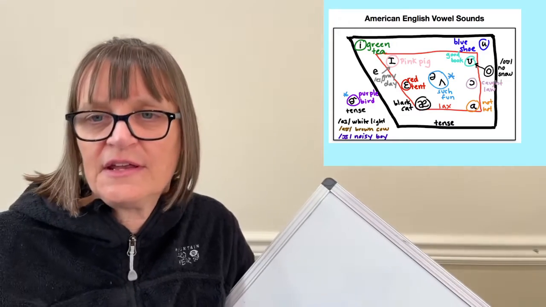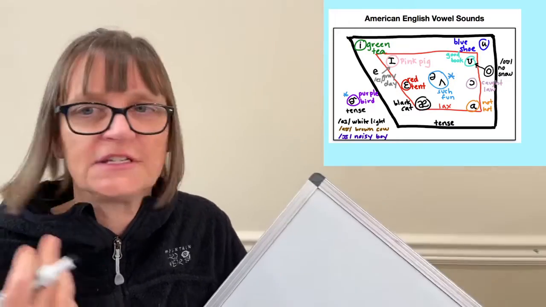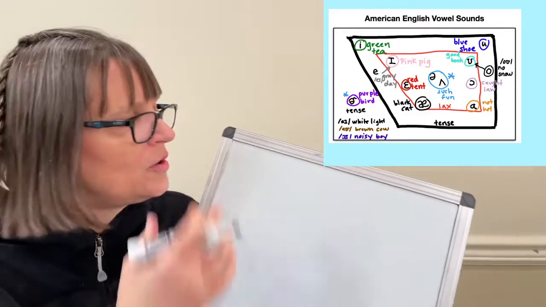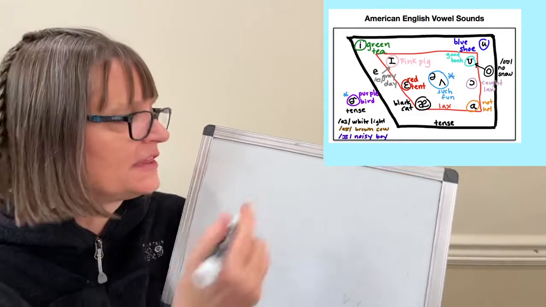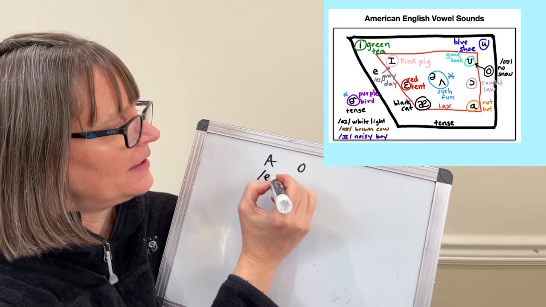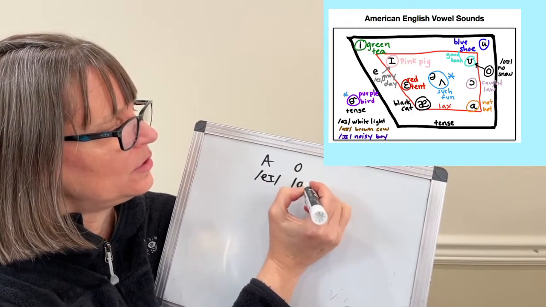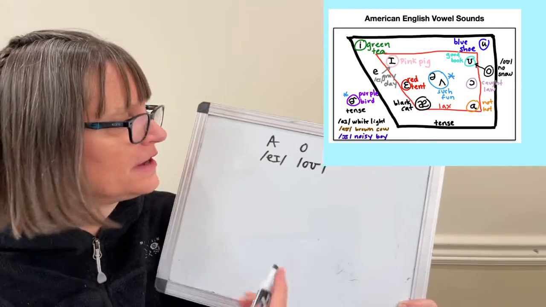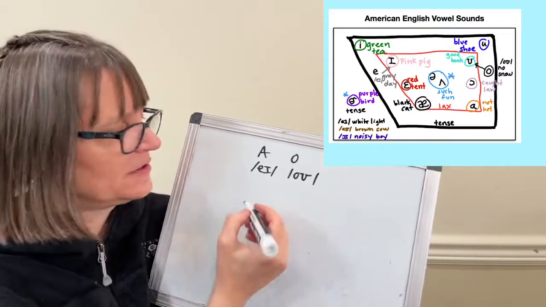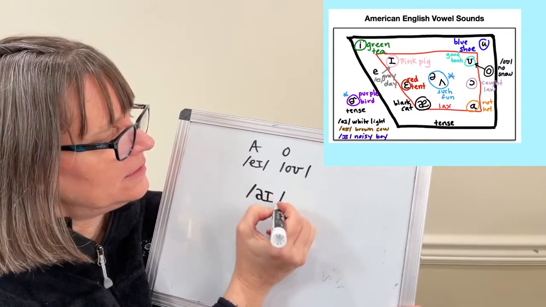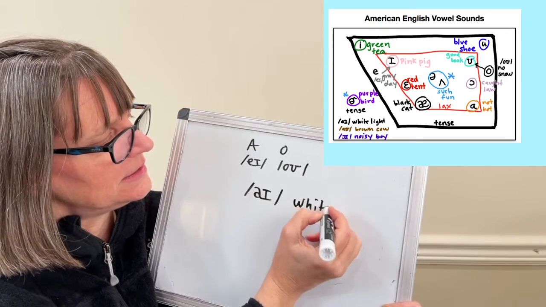You'll also see then I have the diphthongs listed. So we talked about A and O. Those are kind of more basic vowels that we think of like with A and O. Symbols A and O. Those are small movements, but they are diphthongs. And then the other ones are slightly bigger. So we have the I, which I call the white light.